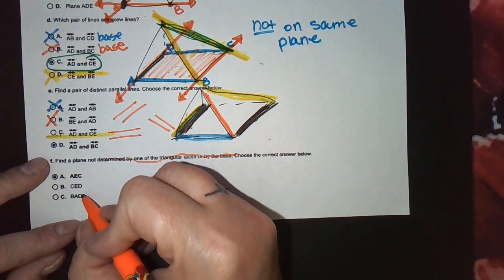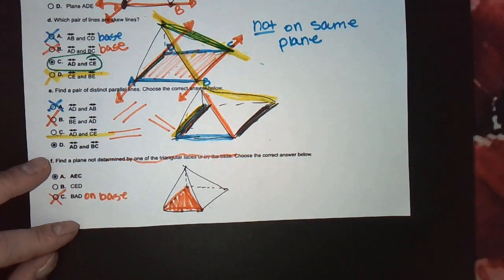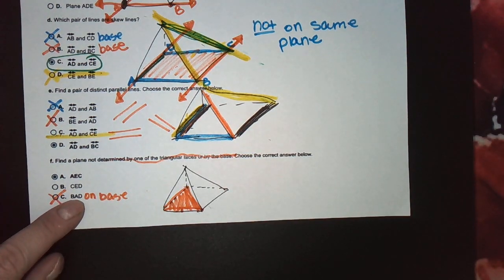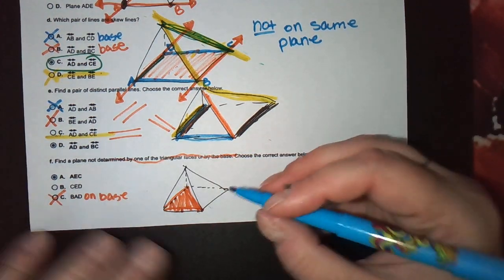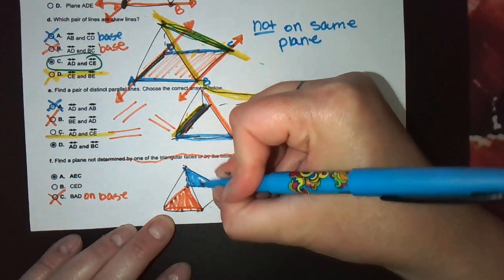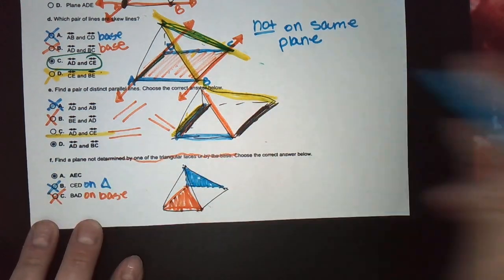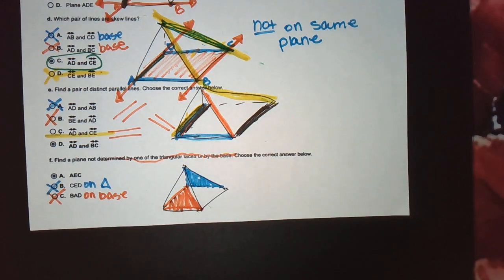Well, that BAD is on the base, so we don't want that one. Let's look at CED. CED is this back triangle, and we were told to pick something that's not on the triangles.